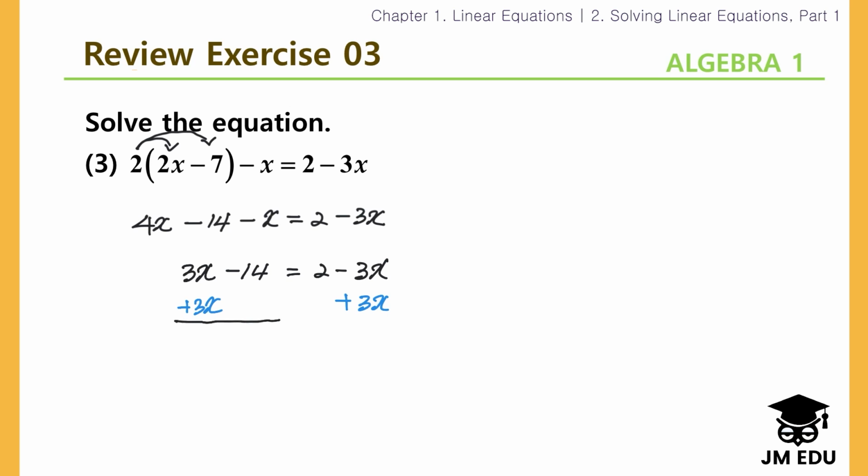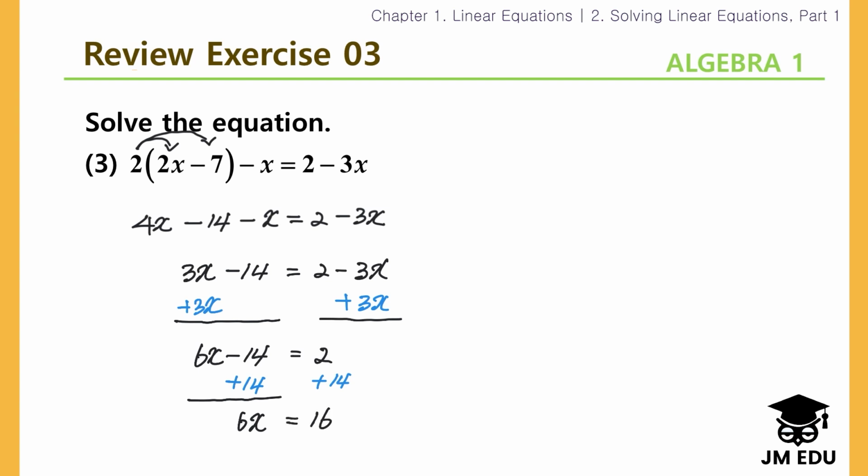So left hand side we have 6x minus 14. On the right hand side, just 2. Next, I'm going to add 14 to eliminate minus 14 on the left hand side. So 6x, that's what we'll have on the left hand side. 2 plus 14, that's 16.